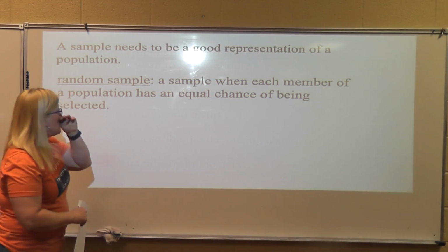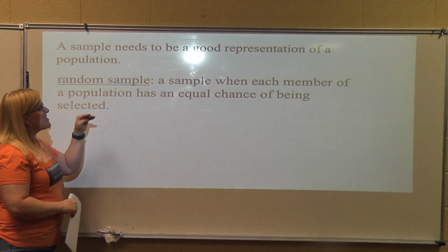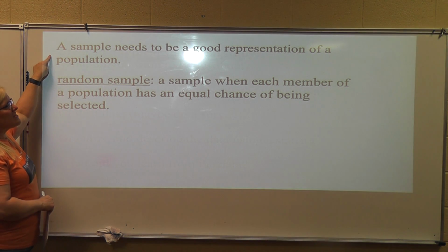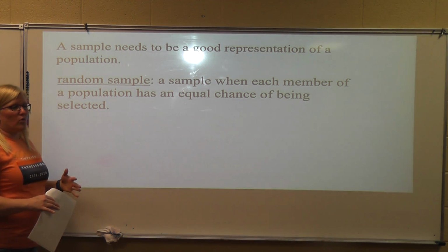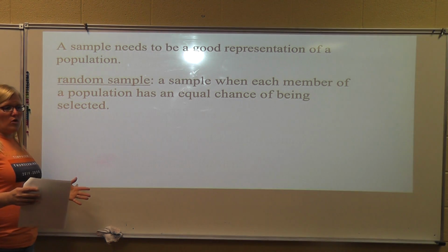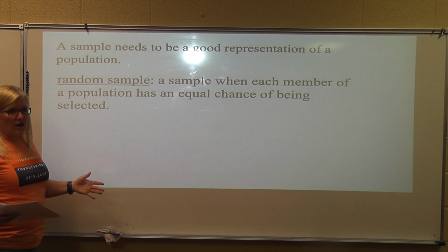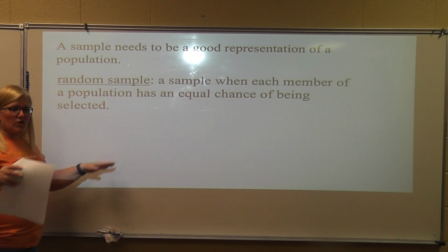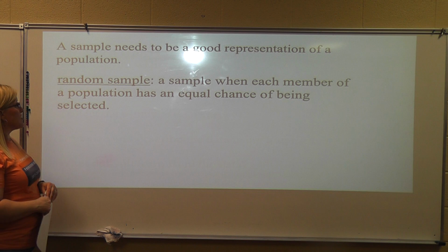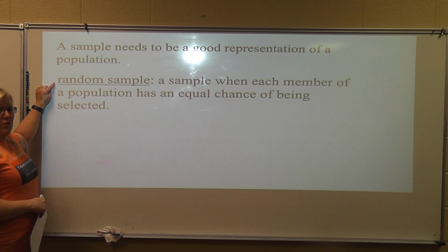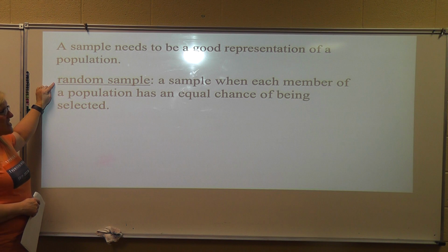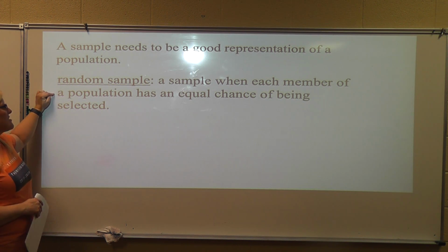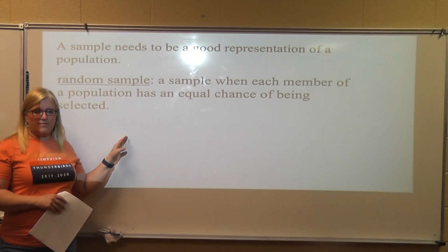So we talked about this last time. A sample needs to be a good representation of a population. Like I said before, you're not going to ask just automotive students whether or not they like NASCAR. You have to get different groups, different kinds of people to answer your questions. So a random sample, this is on your vocabulary sheet, is a sample when each member of a population has an equal chance of being selected.